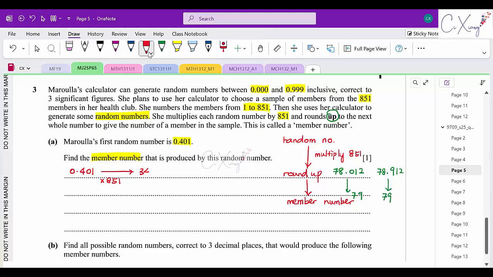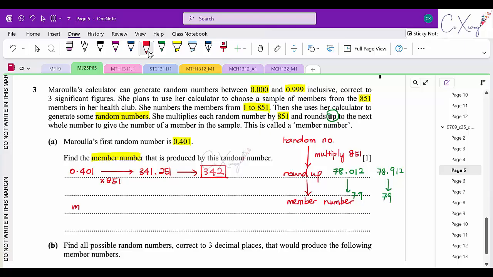You will get 341.251. You press the calculator and you get this value. But of course, this cannot be a member number. You have to round it up. So 341.2 something, if you round it up, it will become 342. So this is the member number that you get from 0.401.